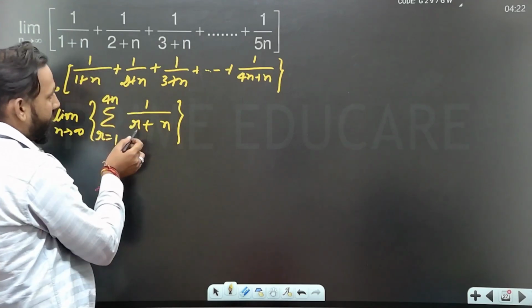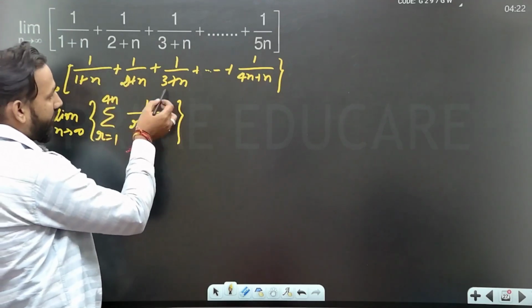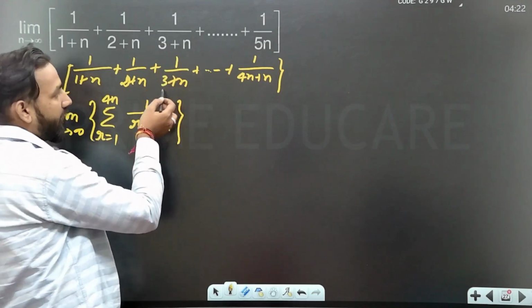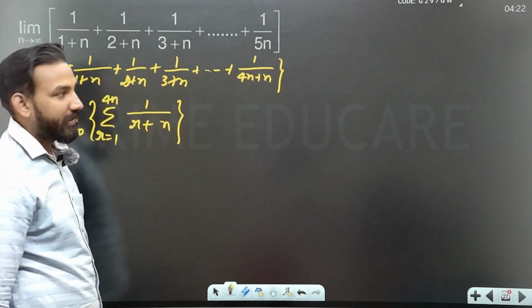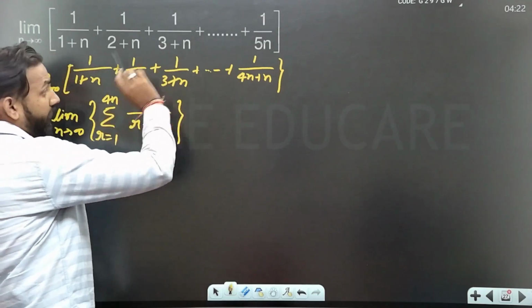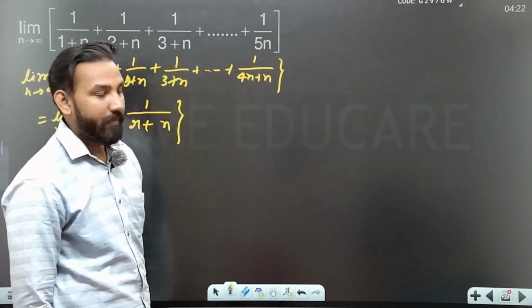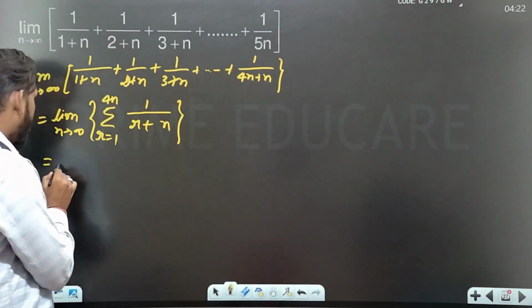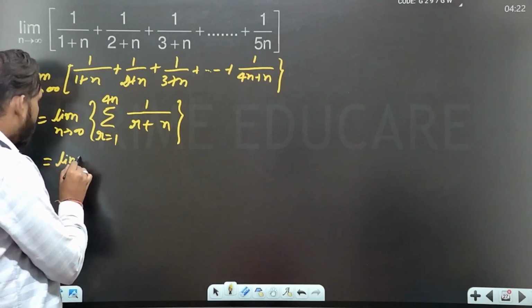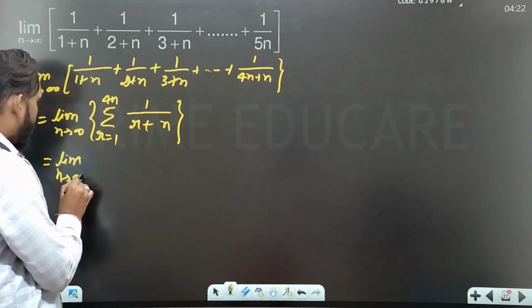Because if we put 1 here, then we get 1 over 1 plus n. If we put 2 here, we get 1 over 2 plus n. If we put 3 here, we get 1 over 3 plus n, and so on. If we put 4n instead of r, we get 1 over 4n plus n. And therefore we are trying to find this limit.